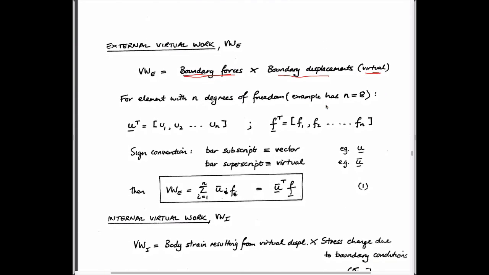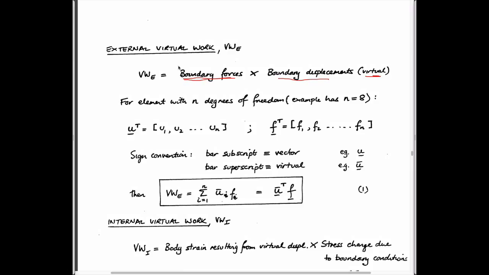And so the matrix relationship for this concept is just going to be the product of the virtual displacements multiplied by forces. If we want to define these virtual displacements, we'll define them by an overbar in this particular case. So the work is going to be the virtual displacements u1 times f1 plus u2 times f2.